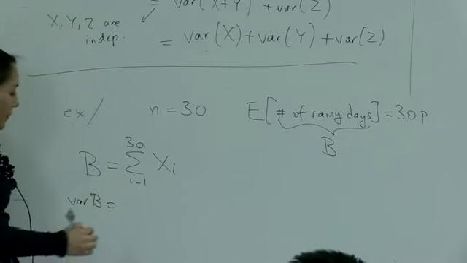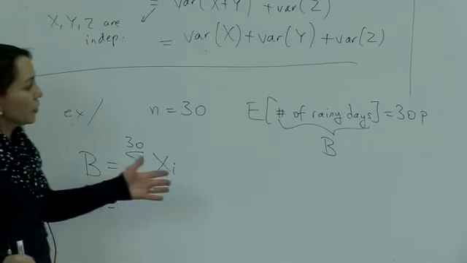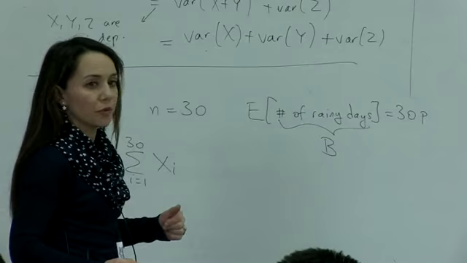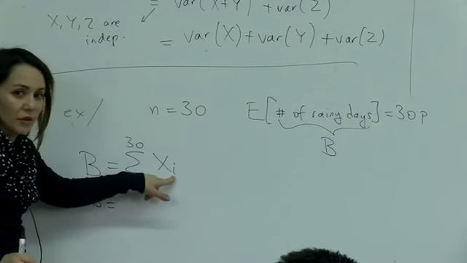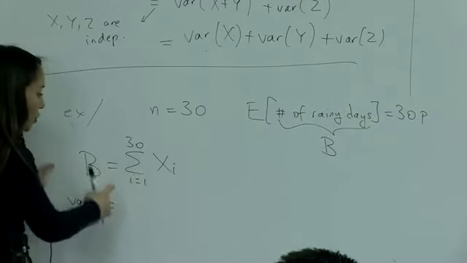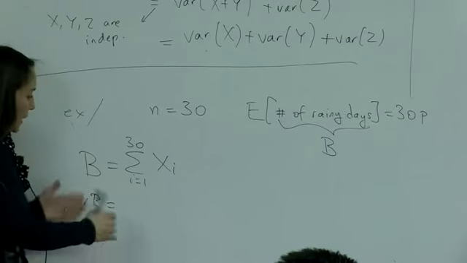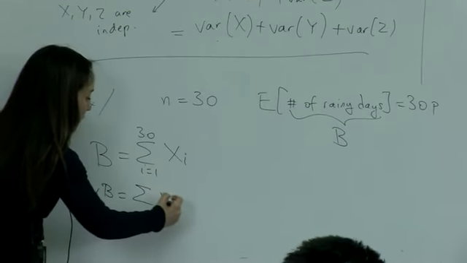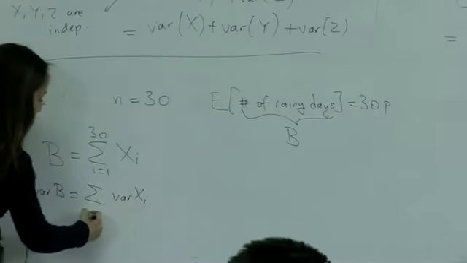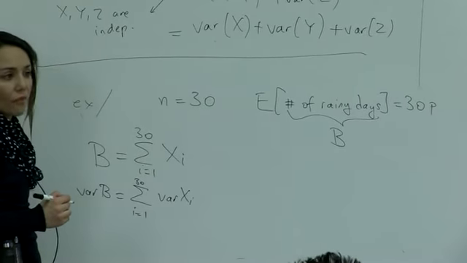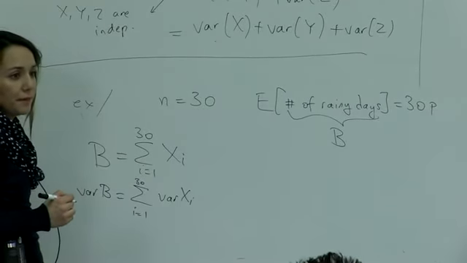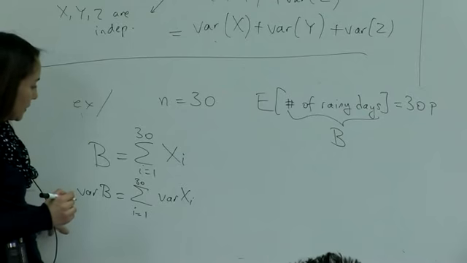The variance of b, now we're going to use what we just proved. The xi's are independent, so the variance of the sum is equal to the sum of variances. Okay? Any problem with this?